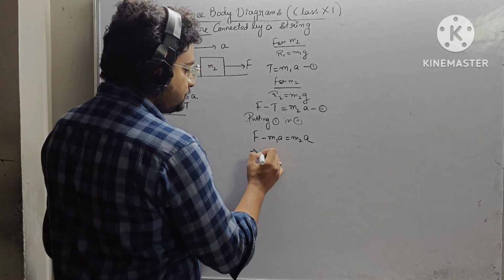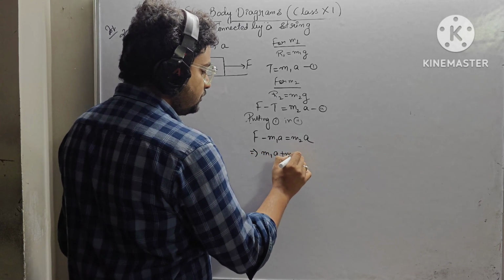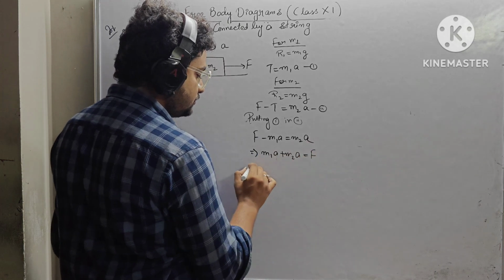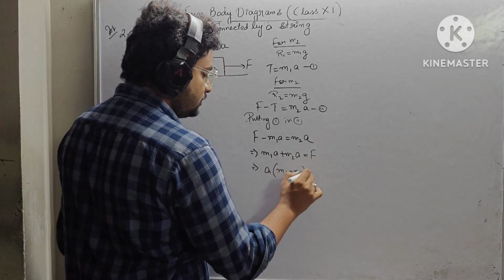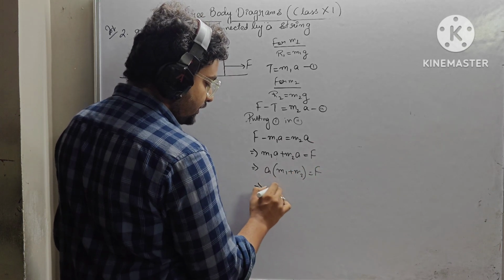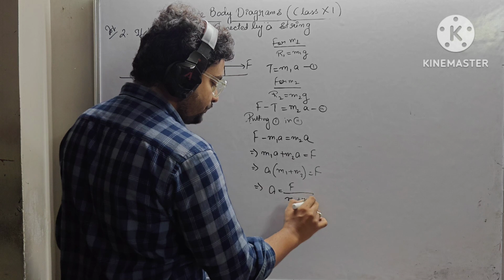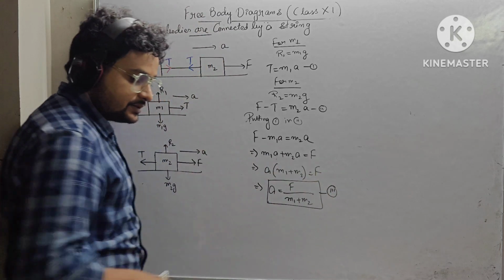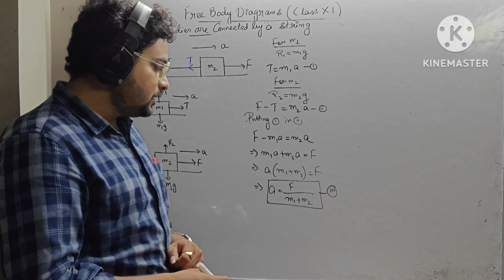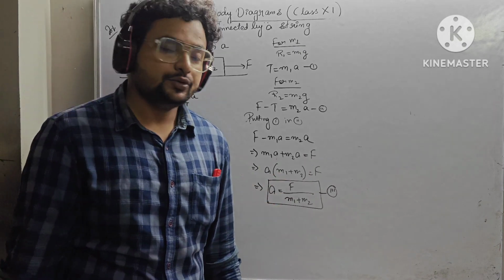So M1A plus M2A will be F. So (M1 plus M2) A will be equals to F. So acceleration is going to be F divided by M1 plus M2. This will be the acceleration.